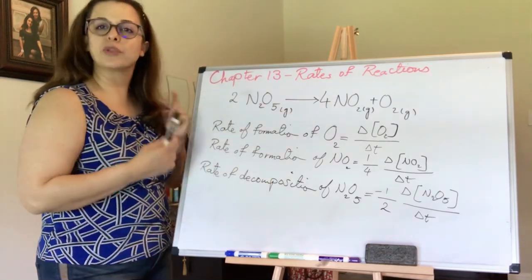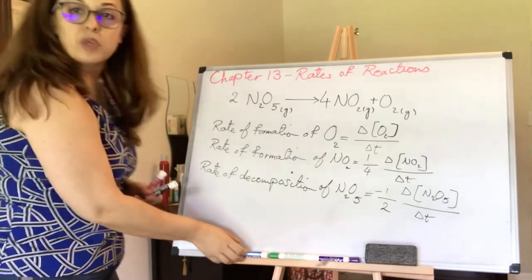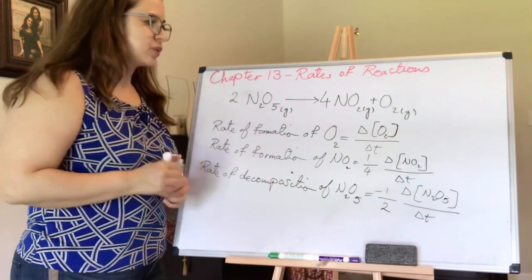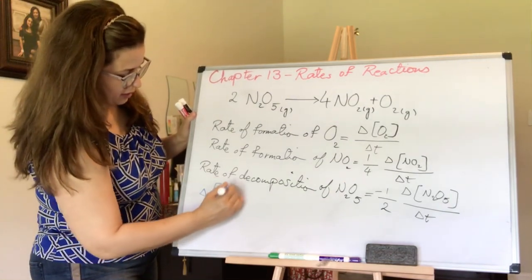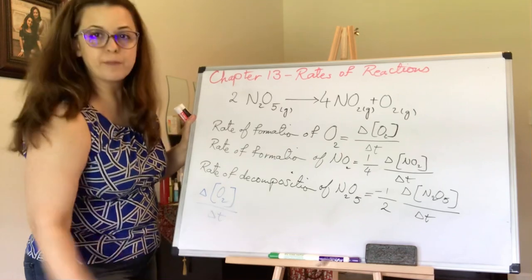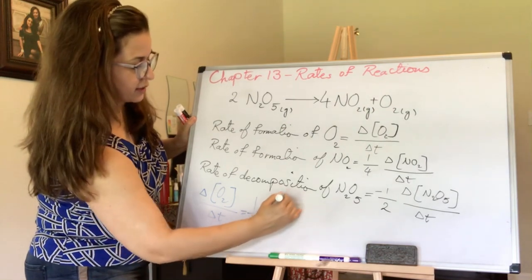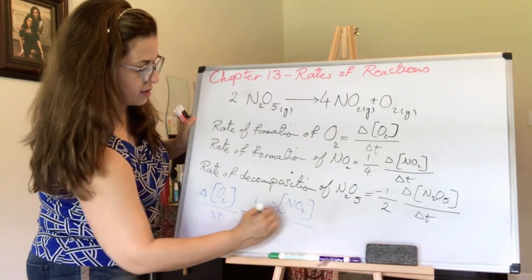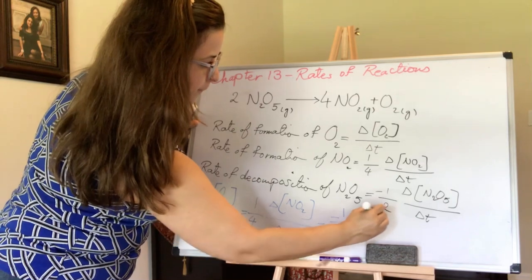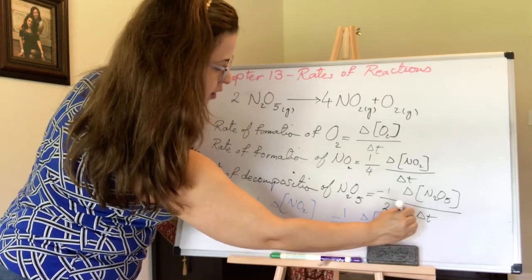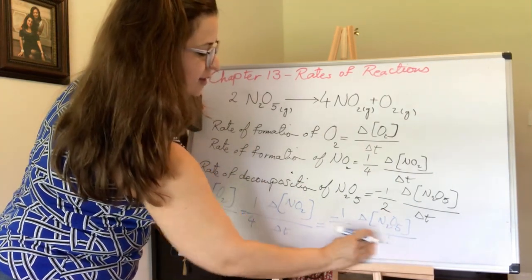So if you want to relate these rates to each other, you can say delta concentration of oxygen over time is 1/4 of delta concentration of NO2 over time, which is equal to minus, you'll definitely have a question about this in the exam.